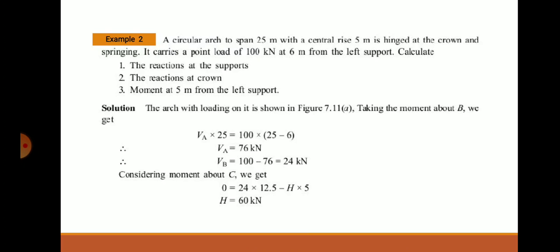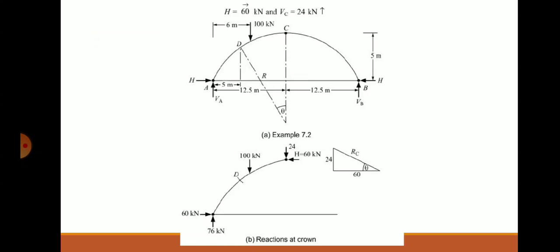Next, the reactions at the crown point. The next step is to evaluate the reactions at the crown point, that is H. What is the horizontal force? The horizontal force remains the same throughout the span, whether it is at A or B or at C, H remains 60. So, at the crown also H is 60, because at the crown sigma H is 0, it should be in equilibrium. So, H is 60. What is V_C?